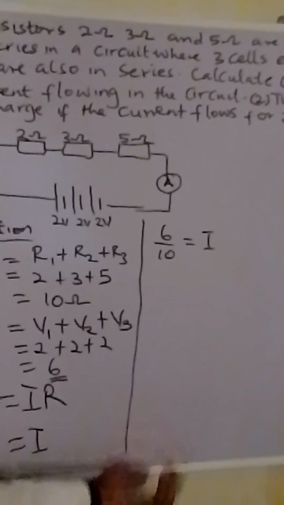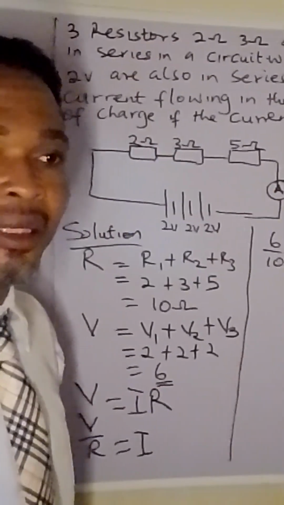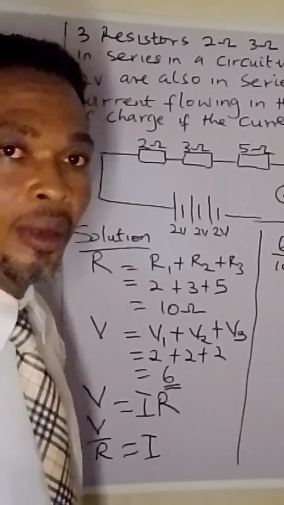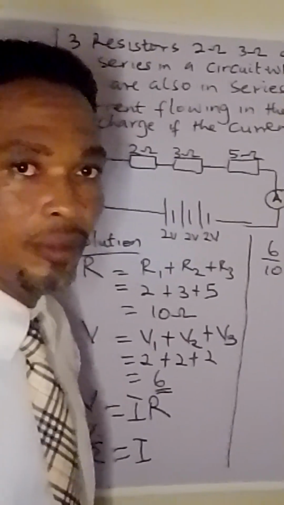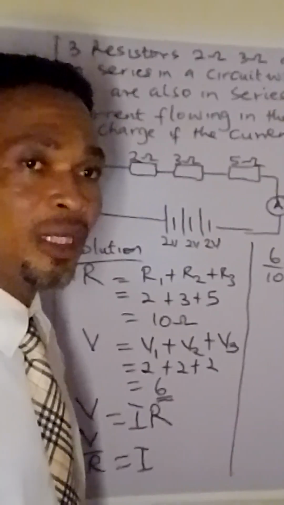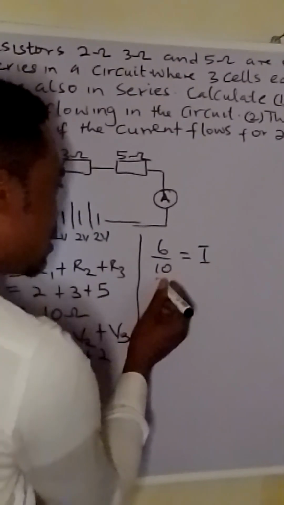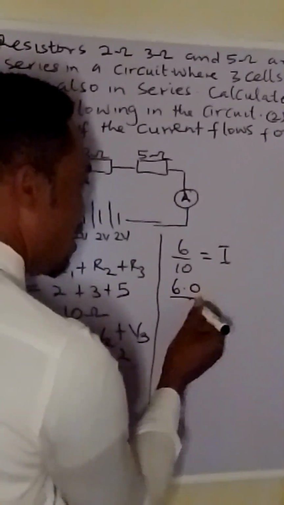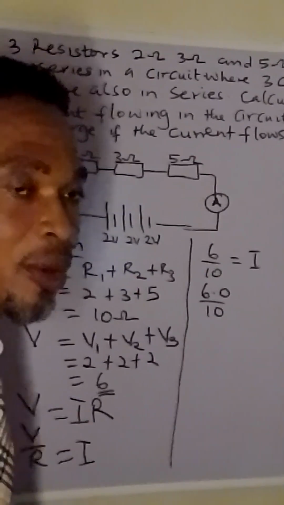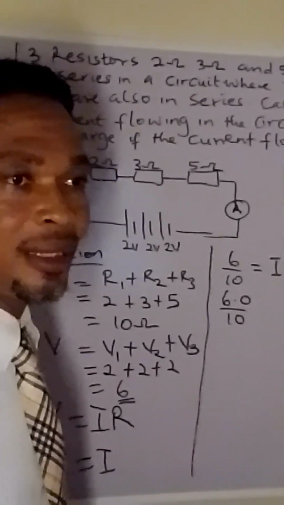Simple mathematics like 6 over 10. All you just need to do is to know that 6 is the same thing as 6.0. Now, when you are doing division, you move your decimal point to the left. When you are doing multiplication, you move your decimal point to the right. This is simply saying 6.0 over 10. You know that 6.0 is the same thing as 6 because 0 is nothing.